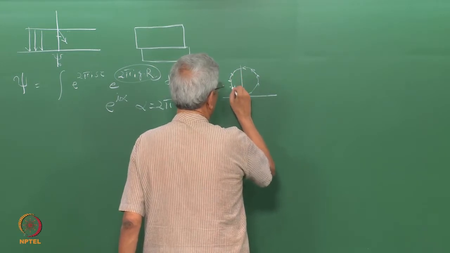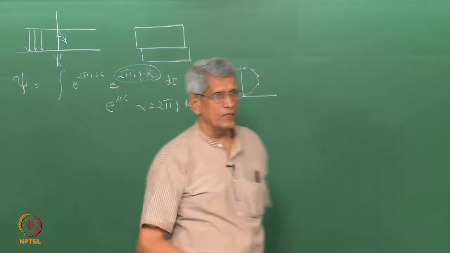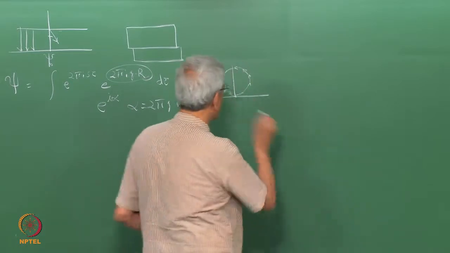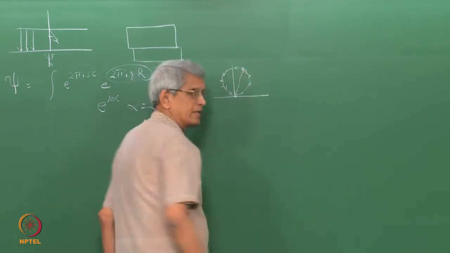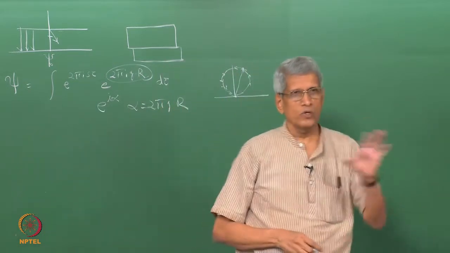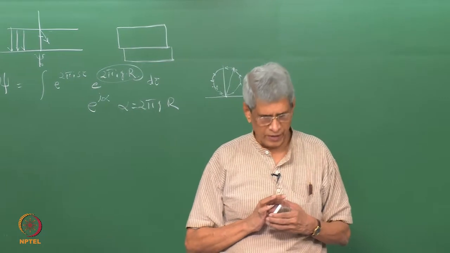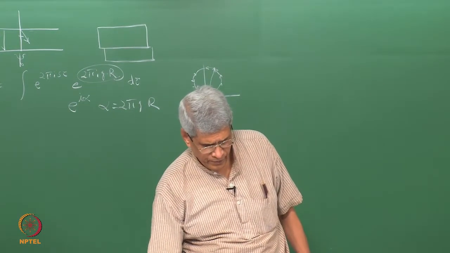If there is no absorption, it will be rotating around like this. If at some particular depth we have reached from here to here, this vector gives the net amplitude, correct? This is what the phasor diagram does. That way we can also do it.